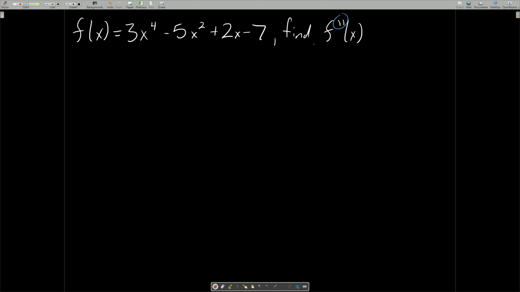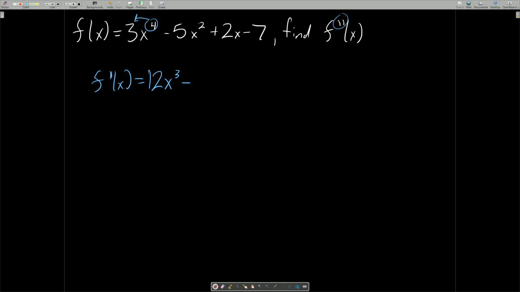To find the second derivative, we have to find the first derivative first. So let's do that right now. We're going to use the power rule to multiply this out. 4 times 3 is 12. Decrease that by 1, you get 3.